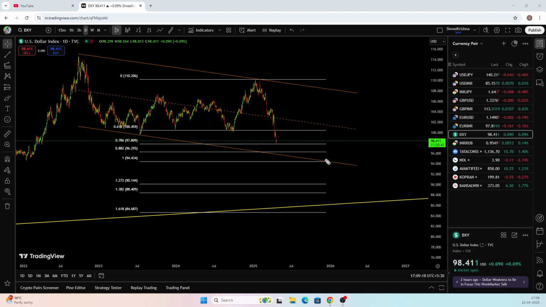We are looking for this to come somewhere here, meet somewhere here. You will probably see this go into some sideways market before heading down towards this price, 94.43.